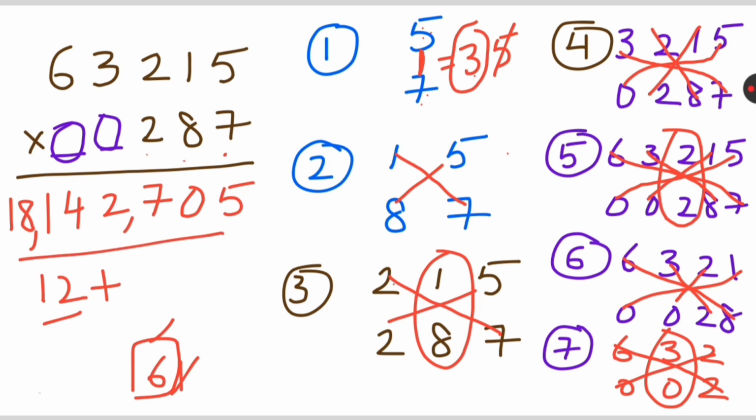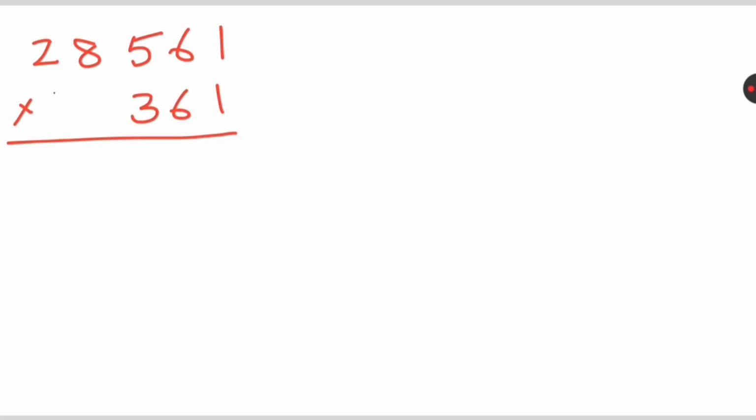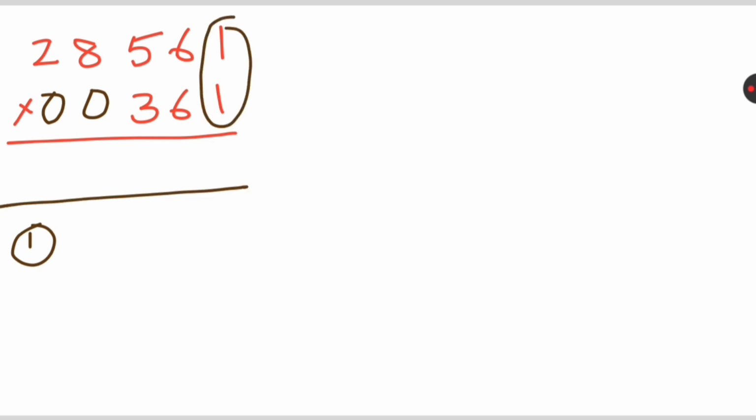Let's come to our question. What we have? We have 28,561 times 361. First, you have to fill the empty spaces with a 0. Then first take the first column from right hand side to left hand side. So what we have? 1 1. Second step is you have to take 2 columns, 6 1 6 1.